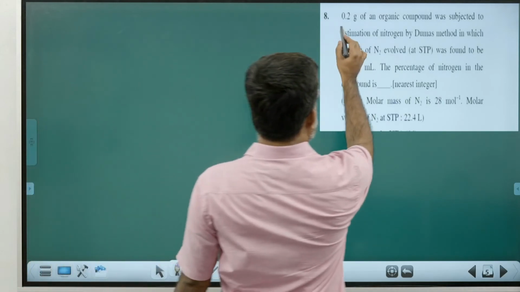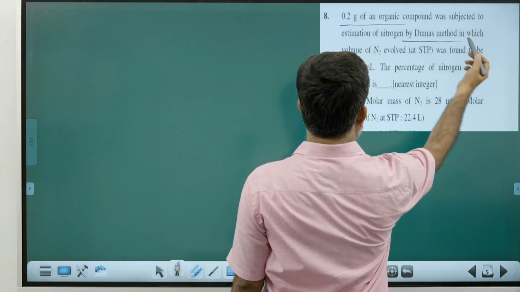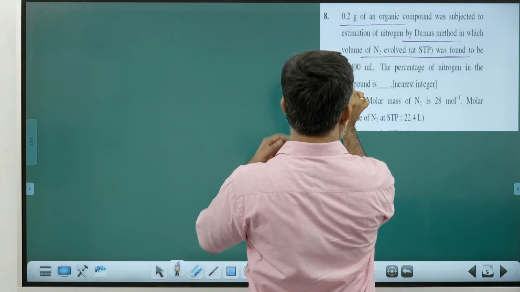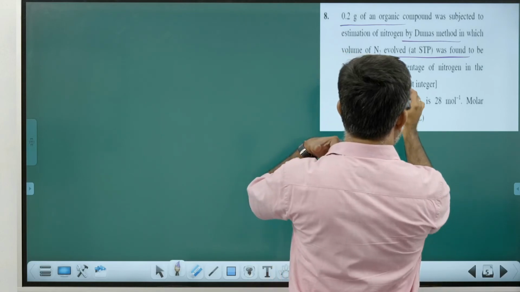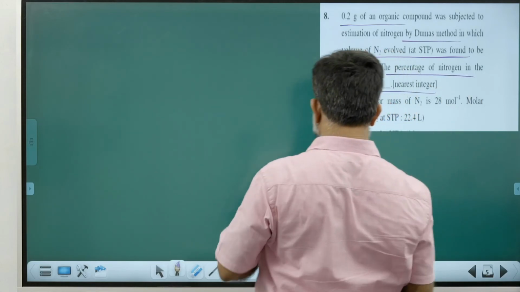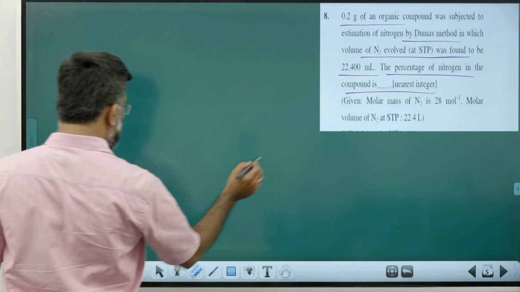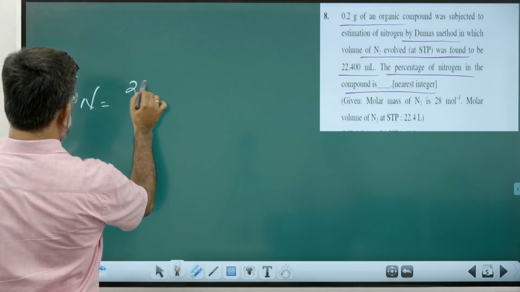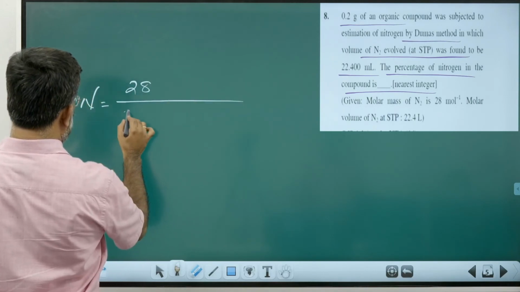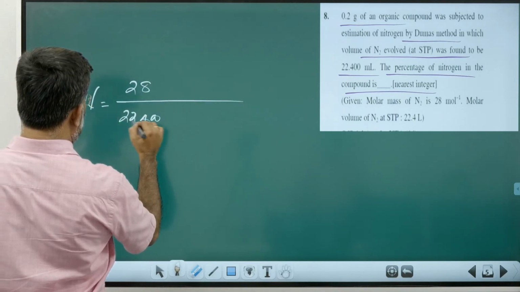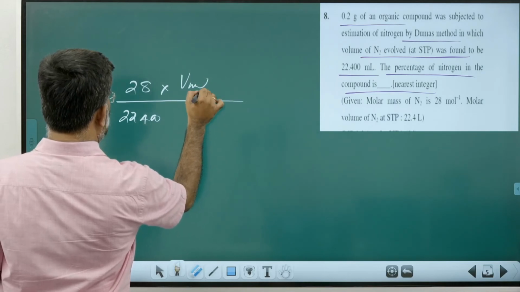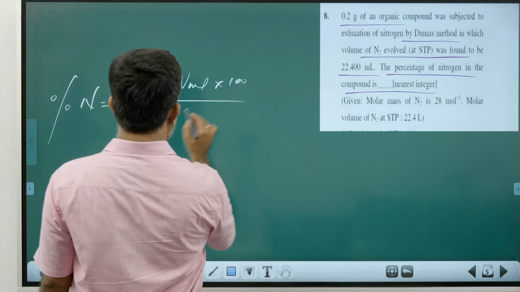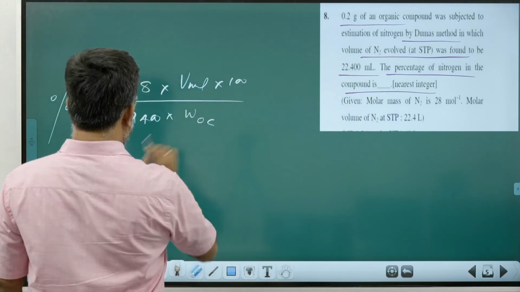0.2 gram of an organic compound is subjected to the Dumas method. The volume of N2 released is 20.4 ml. The percentage of nitrogen in the compound is, you know the formula? Percentage of nitrogen is equal to 28 divided by 22,400 into volume in milliliter into 100, divided by the weight of the organic compound.